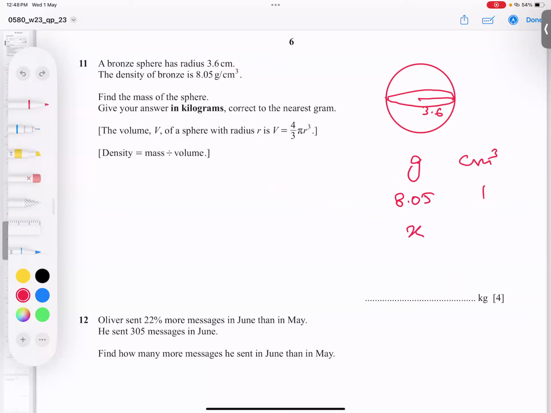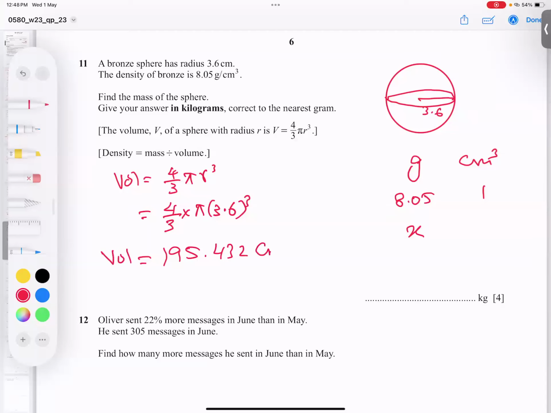And luckily, the volume formula is given, 4 by 3 pi r cube. 4 over 3 into pi into 3.6 to power 3. And my answer is coming 195.432 volume.